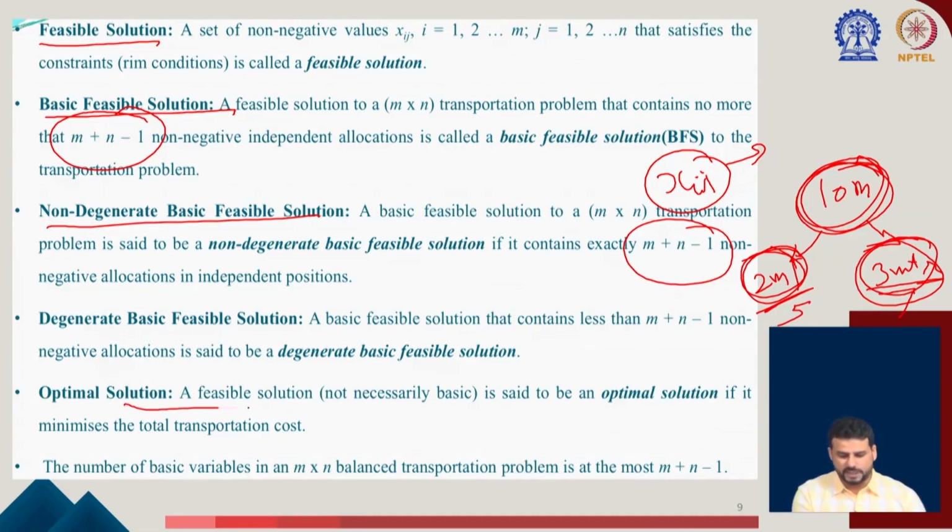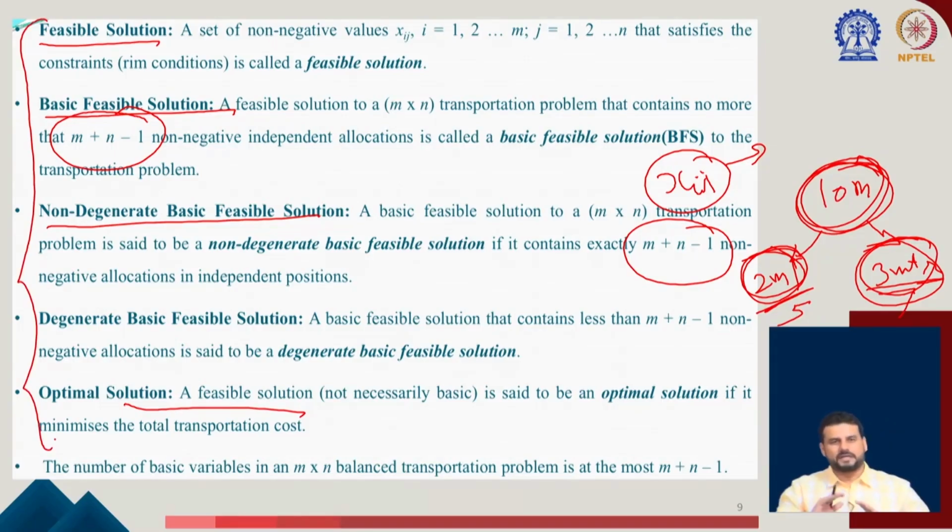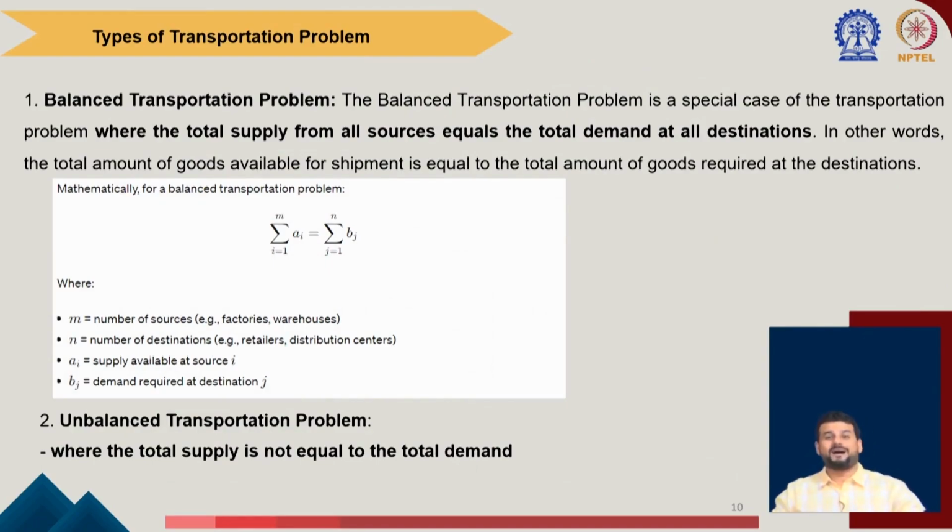And the optimal solution is the feasible solution which gives you the minimum transportation cost, meeting all the requirements, right. Right now these terms may be a little confusing, but once we go through the numericals, it will be very clear what the independent positions are and what the m plus n minus 1 allocations mean.